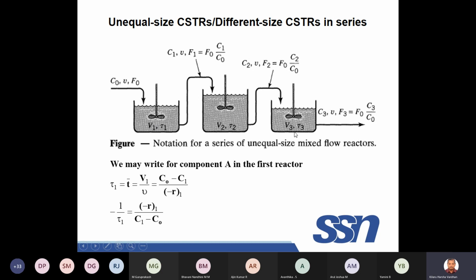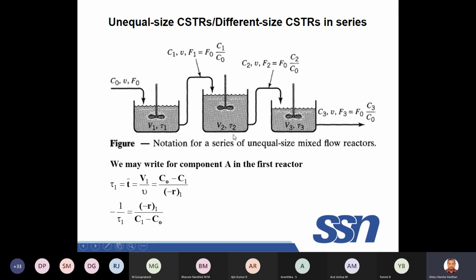These three are different because you have different concentrations here, here, and here, because different taus are there. So it's not that easy when there are unequal size reactors in series, especially CSTRs in series. This problem looks very simple when we have equal size reactors, but unequal size reactors are not that easy.